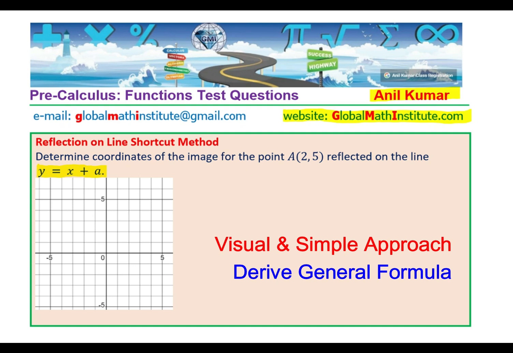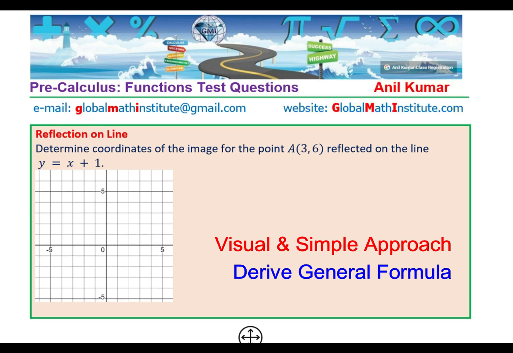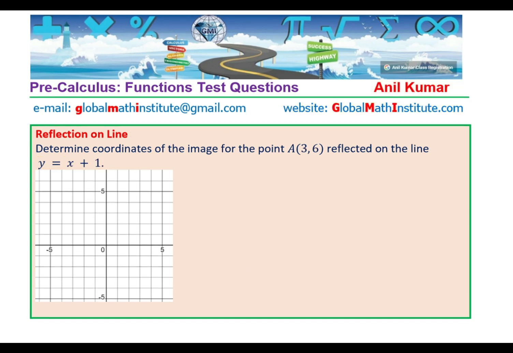So let's begin with a simple case, giving a value to a and then working out a method of finding a general solution. Let's say we begin with a different coordinate point, (3, 6).